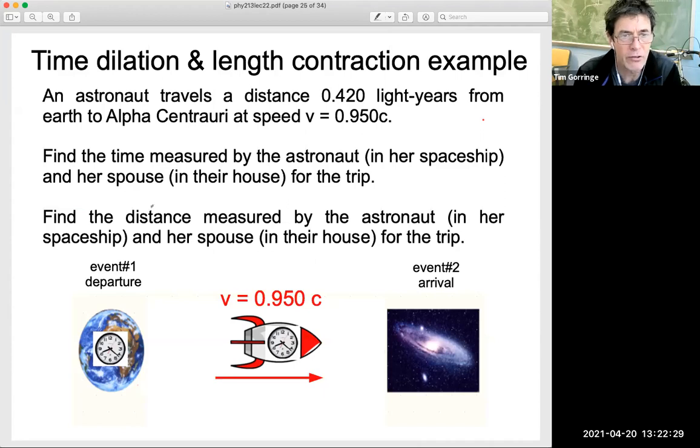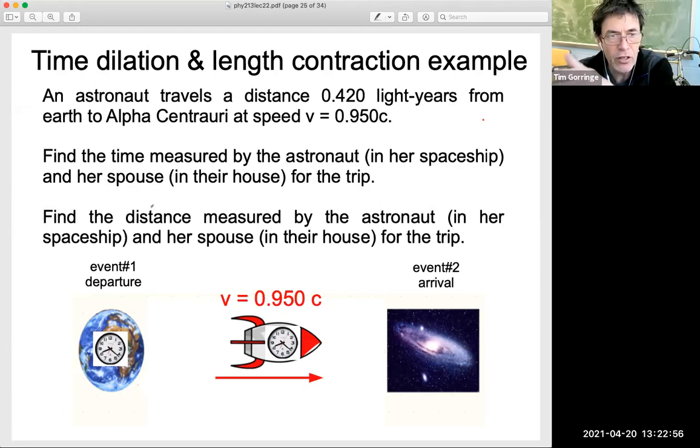Why shouldn't we all agree on the laws of physics? But also that the speed of light is measured to be the same by all observers. And that doesn't seem fine. That seems against common sense, against everyday notions. But he actually went in and fixed up the space-time fabric so that it agreed with both the invariance of laws of physics and the invariance of the speed of light.